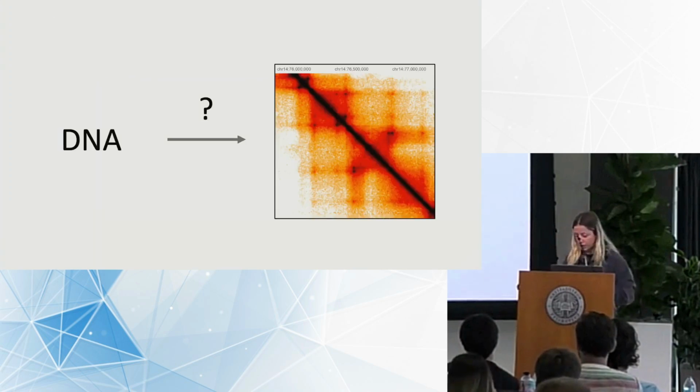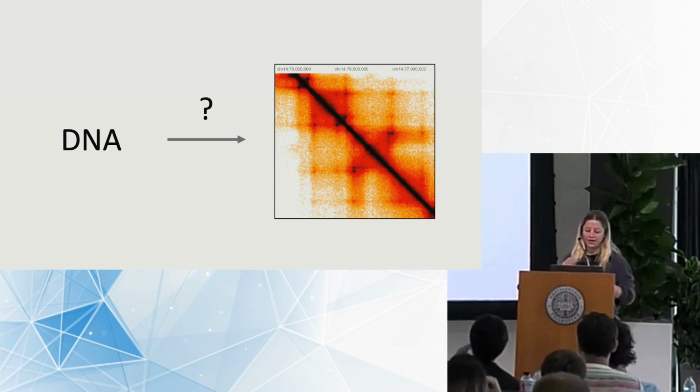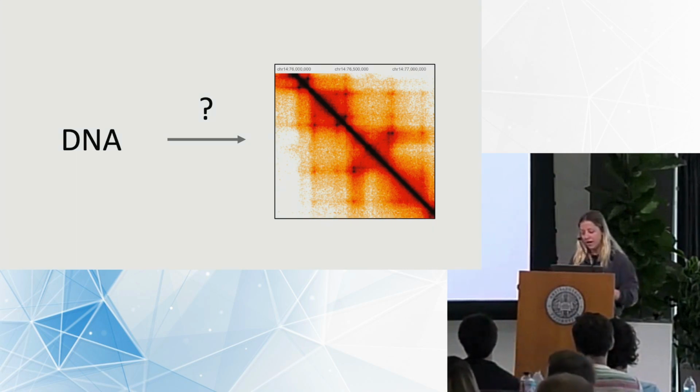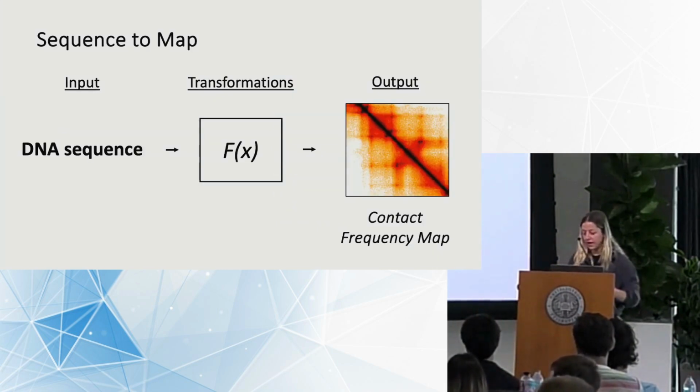So this way, we come to Akita. Ideally, if we have a magic way to get the map from DNA, we can disrupt DNA and see the impacts on the map. And this magic way is going to be our neural network. We live in the neural network era.